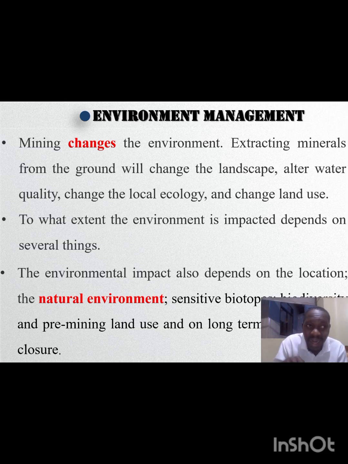So once you disturb the balance which is there, it's already a problem. The natural environment of the area where the mining project is carried out will tell us how we're going to observe the extent of the impacts. Somewhere we incur more costs compared to the other. Just like I said, if you're mining in a desert, we won't feel much of a loss.